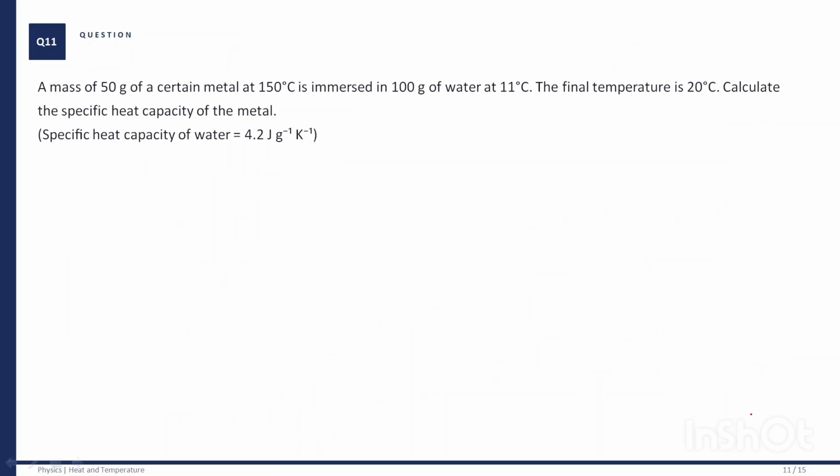A mass of 50 gram of a certain metal at 150 degrees Celsius is immersed in 100 gram of water at 100 degrees Celsius. The final temperature is 20 degrees Celsius. Calculate the specific heat capacity of the metal. First, find out which is the hot body temperature.